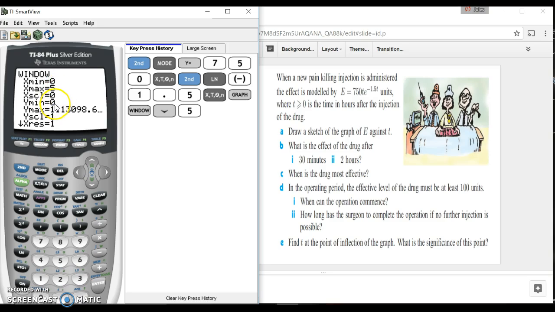In terms of the y values, well, I know that they're saying here that we need 100 units. E has to equal 100, so I might just use my minimum value of y as 0 and a maximum value of 100. And try and graph that.